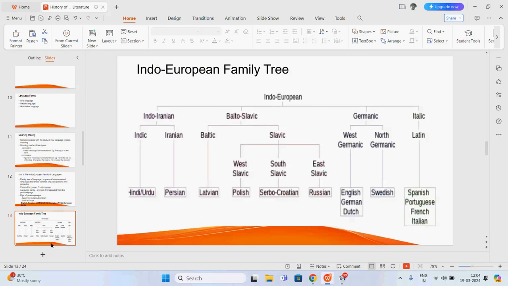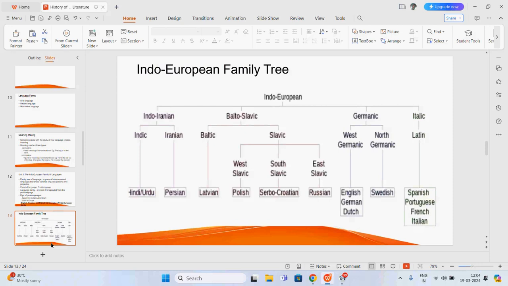On your screen, you see the Indo-European family. This is divided into four branches: Indo-Iranian, Balto-Slavic, Germanic, and Italic. Indo-Iranian is further divided into Indic and Iranian. Indic further divided into Hindi, Urdu, and so on. Not all languages are listed there.